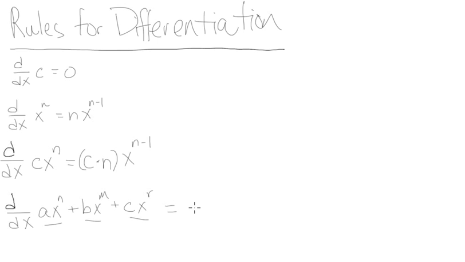So my derivative would be a times n, x raised to the n minus 1, plus b times m, x raised to the m minus 1, plus c times r, x raised to the r minus 1.